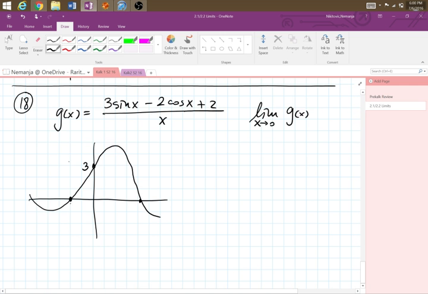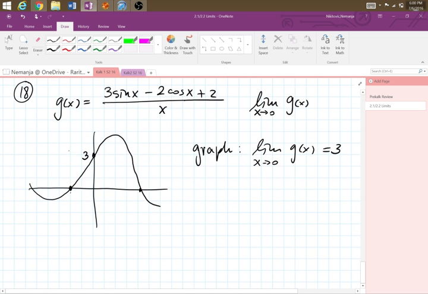So the graph solution says that the limit of g of x as x goes to 0 is 3. And now we're going to do the chart.